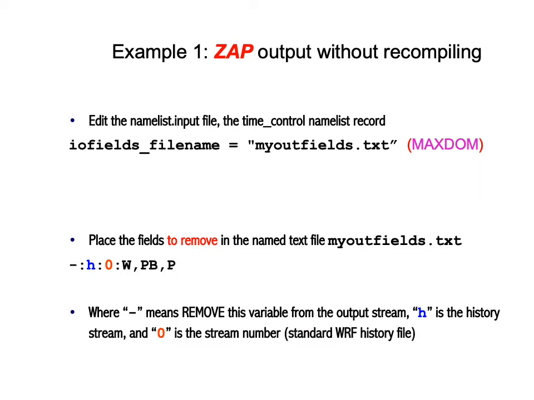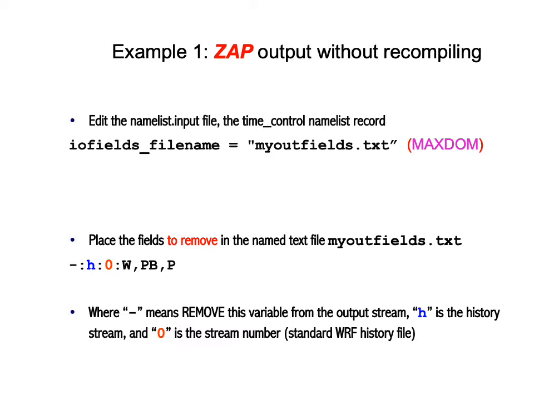Similarly, if we would like to remove variables from an output stream, that's also done without recompiling. We also would just say IO fields file name and then the list, the myoutfields.txt. In this case, instead of having a plus sign, we would have a minus sign. The minus sign says I'm going to remove variables. H says from a history stream. 0 says this is stream number 0.